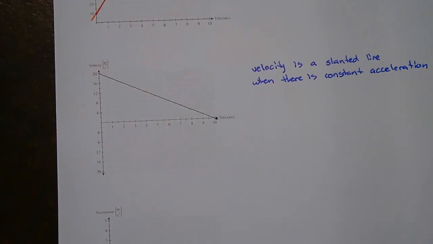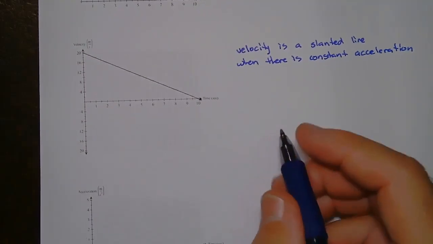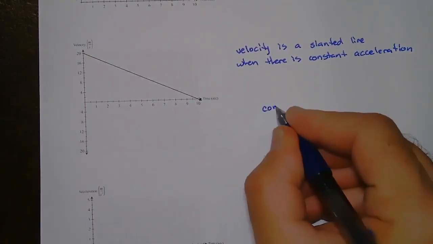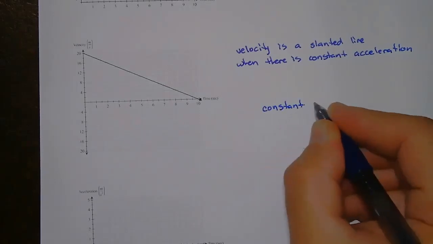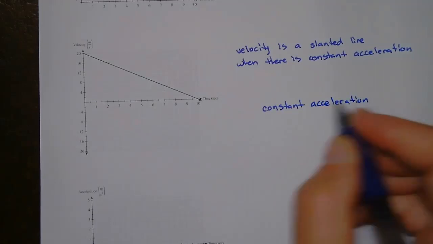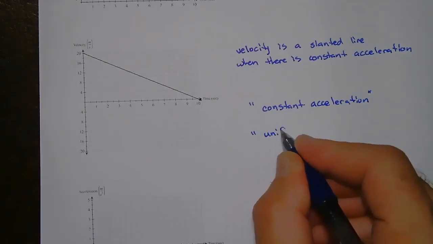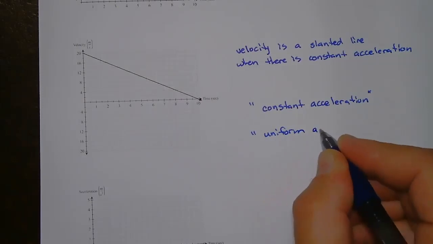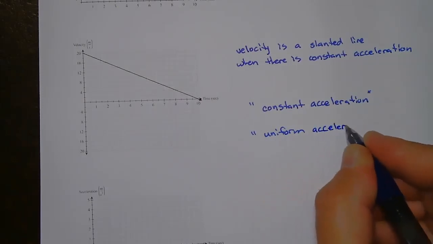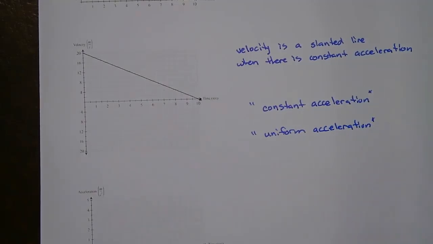We call this constant acceleration. We could also say uniform acceleration. So we've got to learn to read a little bit too. Uniform acceleration, constant acceleration, same thing. It just means the acceleration is not changing.